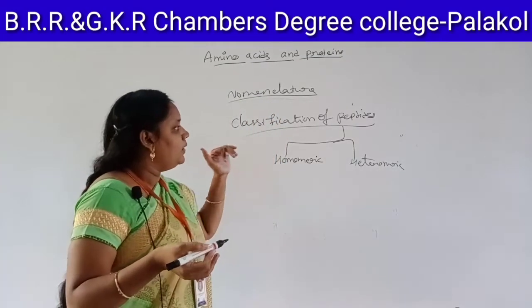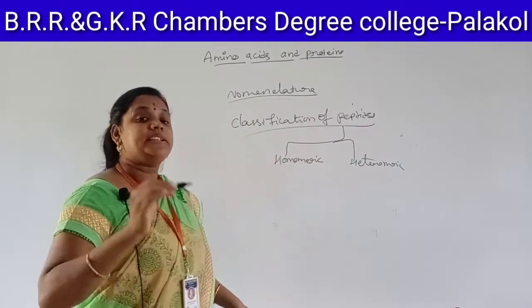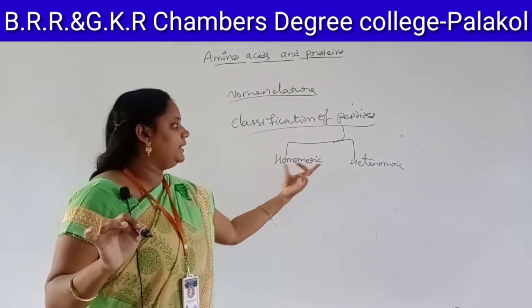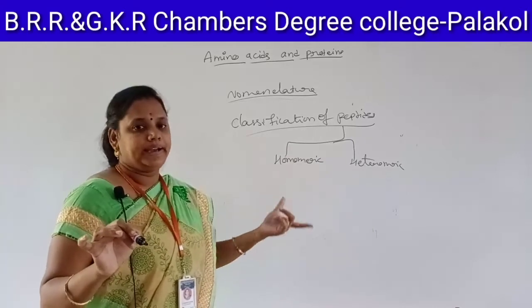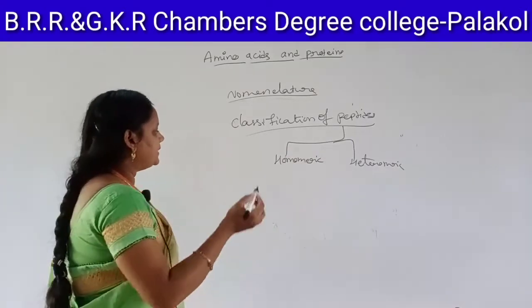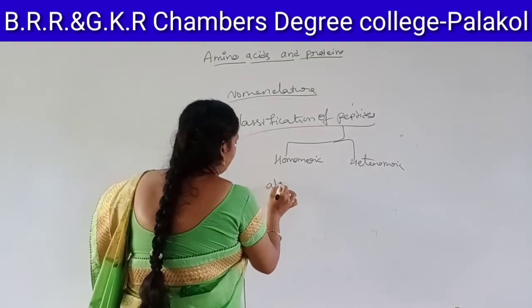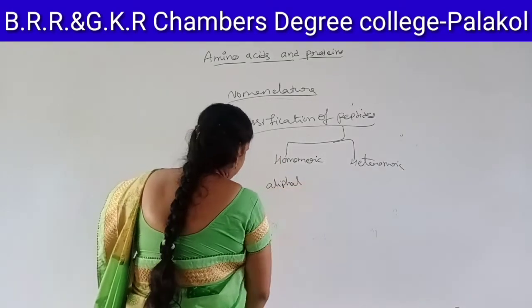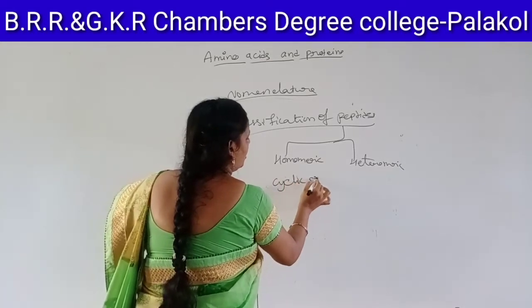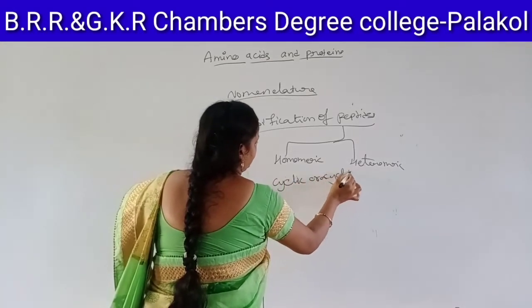Understood students? How we will obtain peptides on hydrolysis? To classify into homo and hetero, we have to hydrolyse peptides. And the next, they may be aliphatic peptides. Simply to tell, they may be cyclic or acyclic peptides.